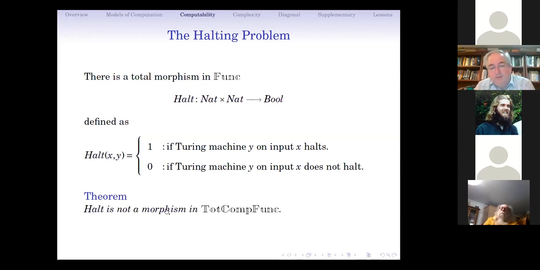Halt is not a morphism in total computable functions. It's not clear such a thing is a total function. It always outputs, so it's not a morphism in computable functions either. It's just a function. God knows the answer to these questions, but human machines don't.